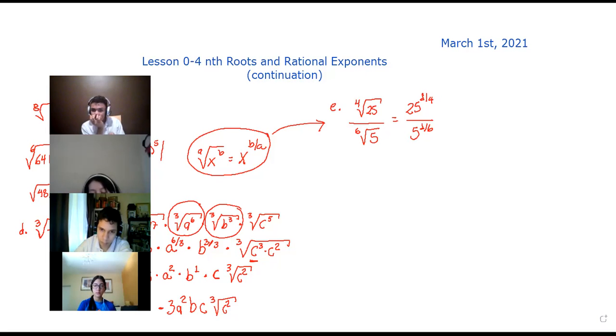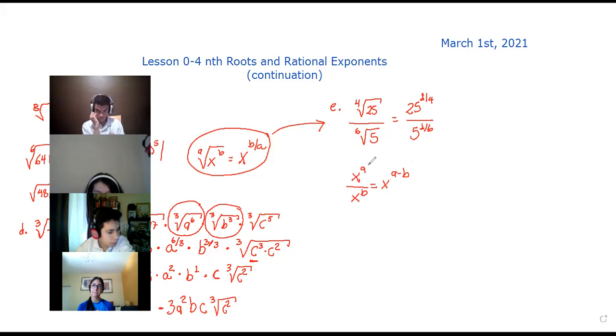Now listen. When you are working with exponents, there is a property that tells you that when you have the quotient of two powers with the same base, you copy the base and you subtract the exponents. Do you remember this property?